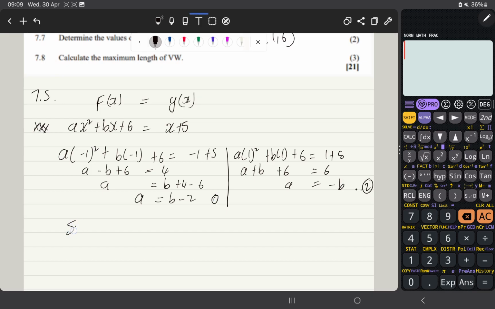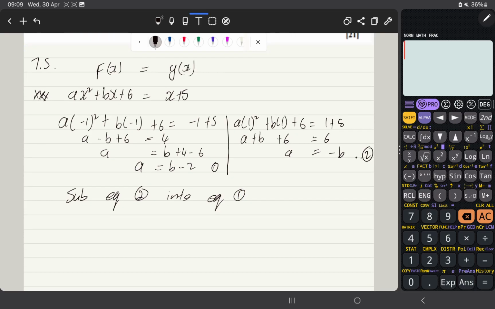So then I'm gonna substitute equation 2 into equation 1. This is like simultaneous equations. So where I see a, I can just put minus b and say minus b equals b minus 2.